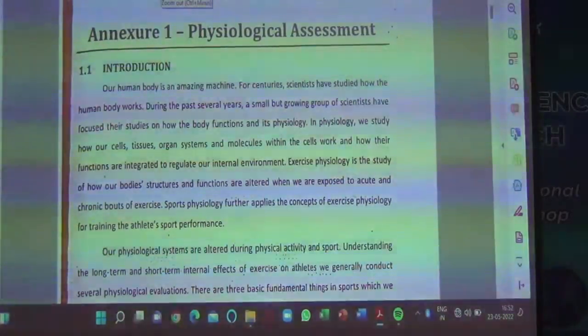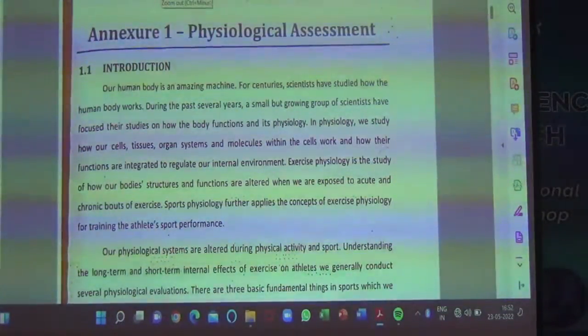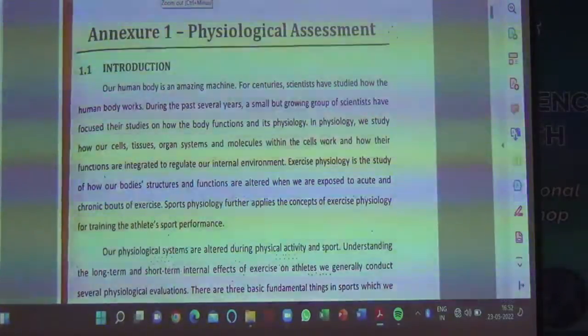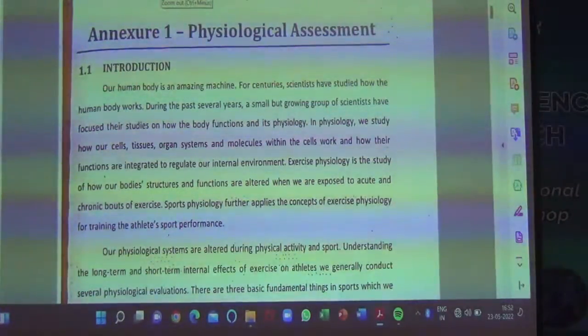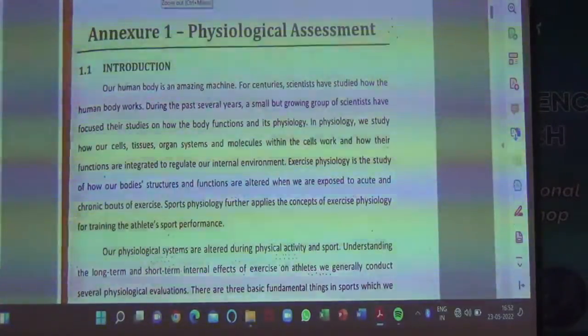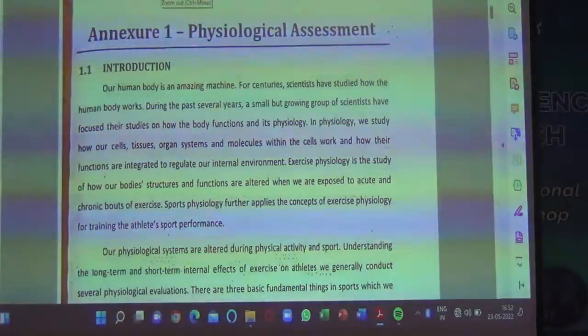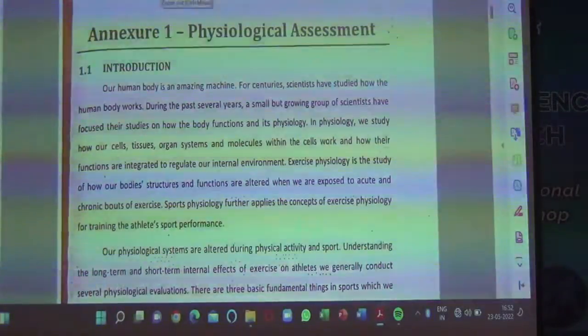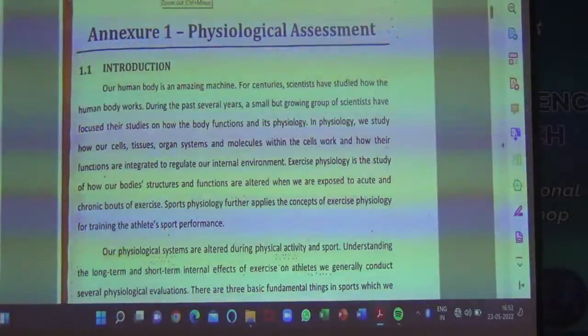Starting, I mean, the calculation part. First we'll go for the last test, RAST, then we'll go for Biomass.